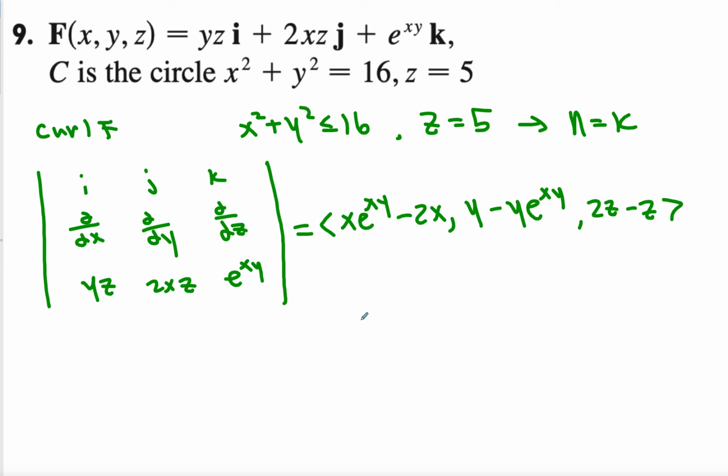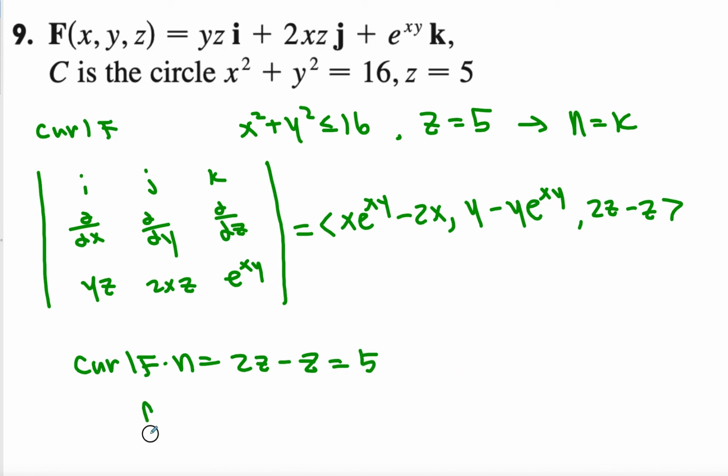Now, we get curl F dot n, before we do the dA, where the first two components just disappear, and we multiply 1 times this one. Then we get 2z minus z, which is equal to z itself. But z is equal to 5, so this is simply 5.